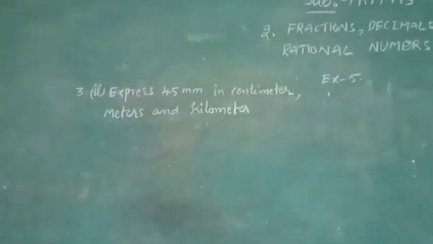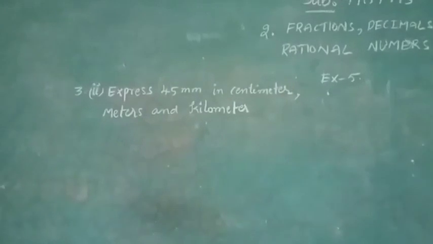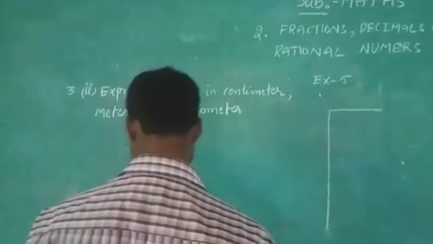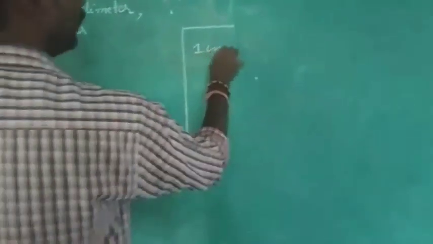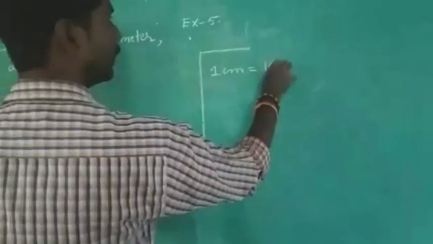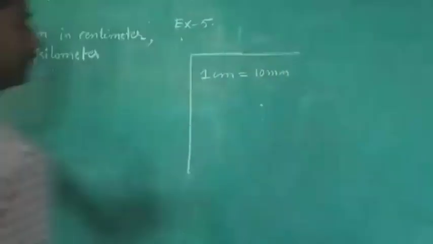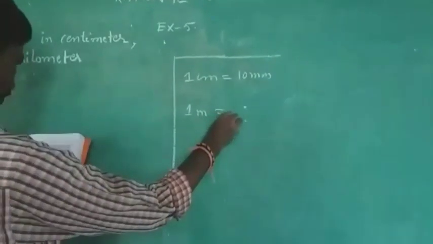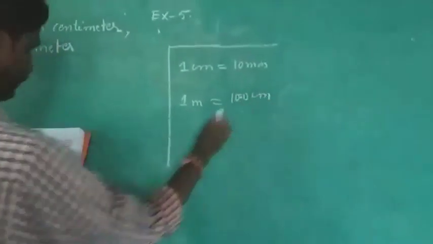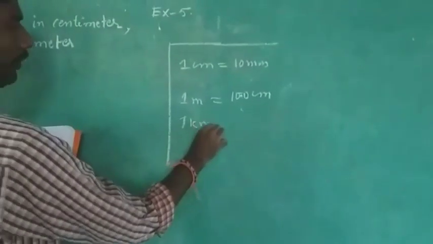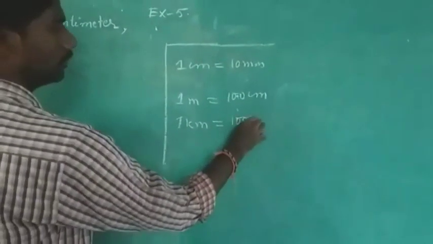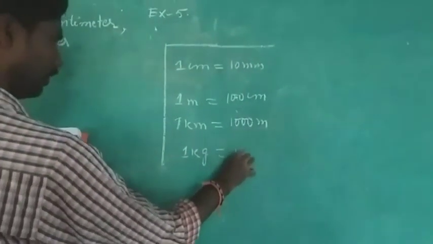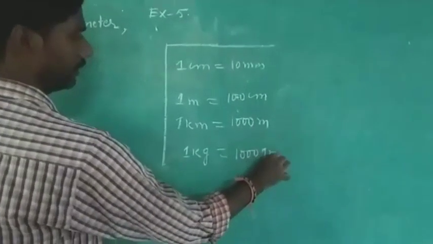Before doing the problem, you have one box that you need to concentrate on. 1 centimeter is equal to 10 millimeters. 1 meter is equal to 100 centimeters. 1 kilometer is equal to 1000 meters. 1 kg is equal to 1000 grams.